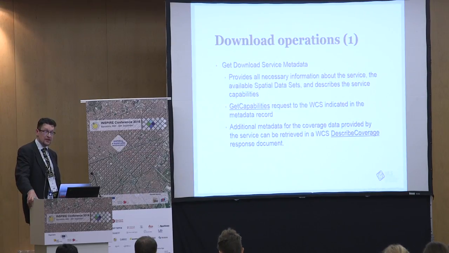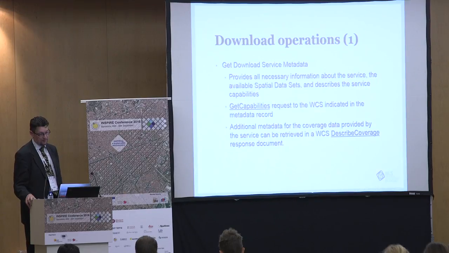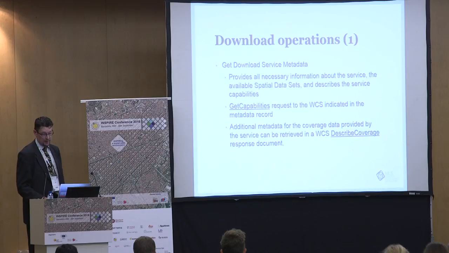Furthermore, additional metadata can be obtained using the WCS DescribeCoverage operation to get information about the coverage itself. This is pretty straightforward and is mapped quite well to the implementing rules.